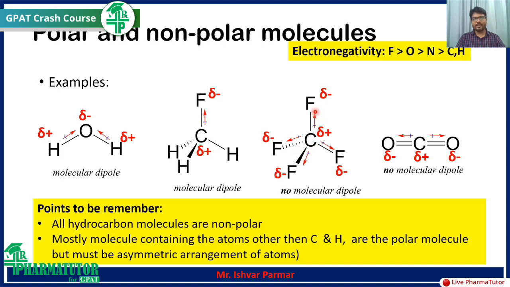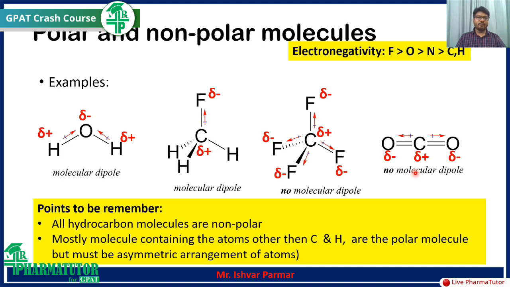Each fluorine atom has a delta negative, but the effects cancel out. That's why it does not have a dipole moment. So it is non-polar. It shares equally, it also does not have any dipole moment.